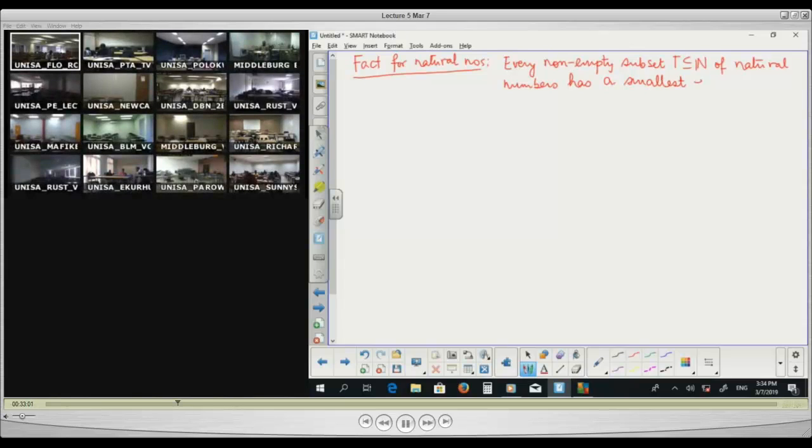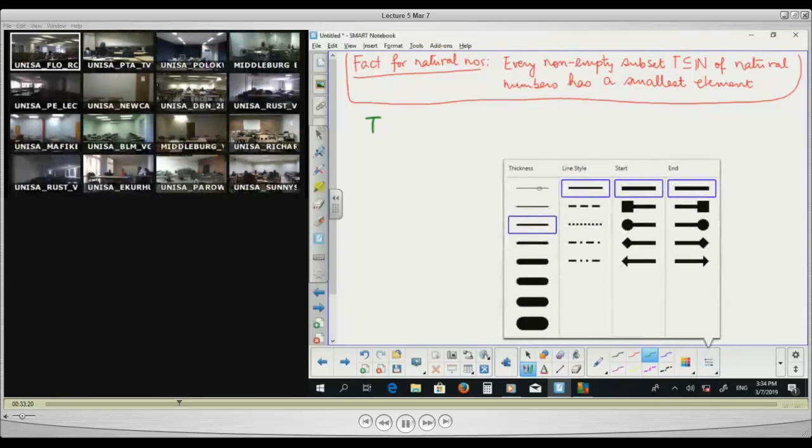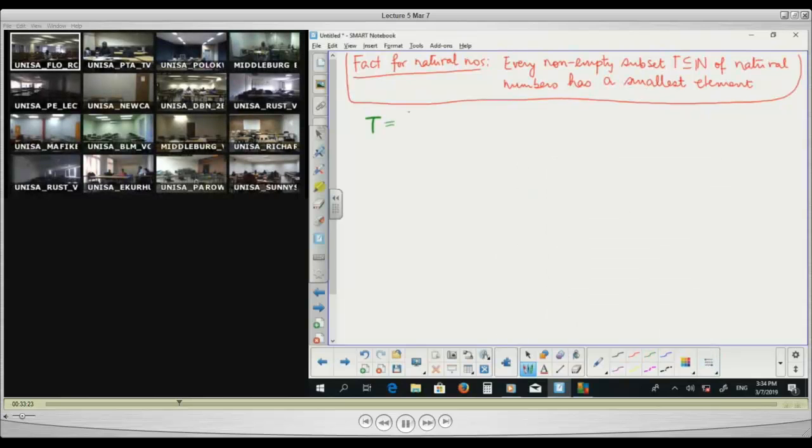So now, coming back to our T. Remember T is the set of all P such that P is greater than or equal to 1 and beta 1 B1 and so on for some scalars.